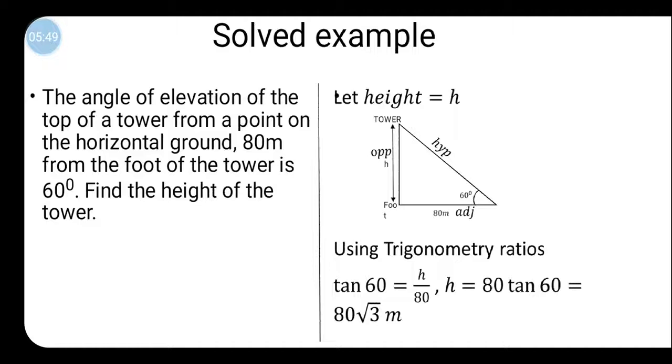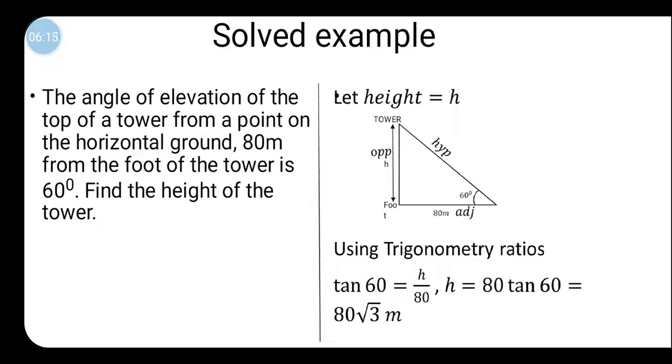The hypotenuse has been labeled, the adjacent is labeled, and the opposite to the angle 60 degrees is labeled. That will help us know which trig ratio to use. We have the adjacent, we want to find the opposite, and we know the angle. So the most suitable trig ratio to use is tangent.